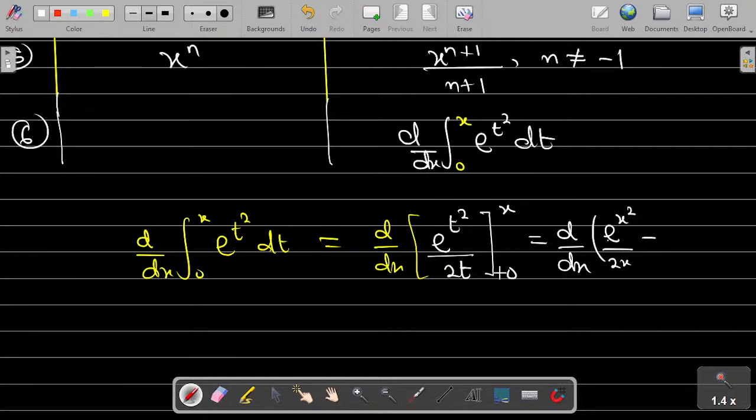In substituting the lower bound, you put your t as 0, and that's e^0, and you know e^0 is 1, all over 2 times 0, which gives you 1 all over 0, which will be undefined. So you have this minus infinity.